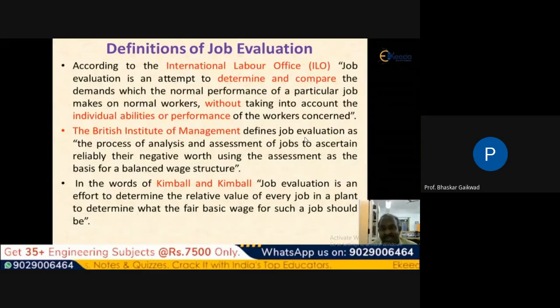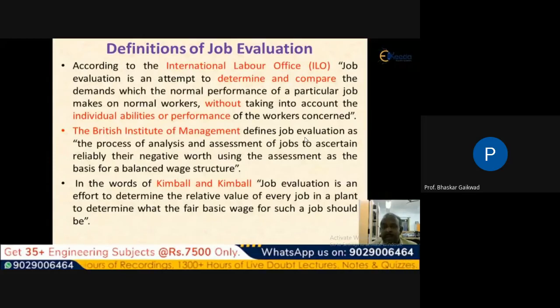See, every job has its own time, own methodology, own performance. So if a normal worker is doing a particular job with his normal performance, what is the demand that I can get? It is being standardized and compared with the present performance of the labor.